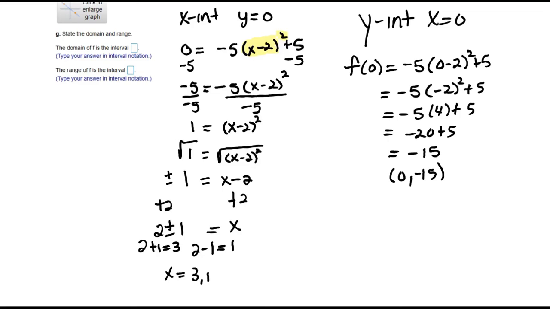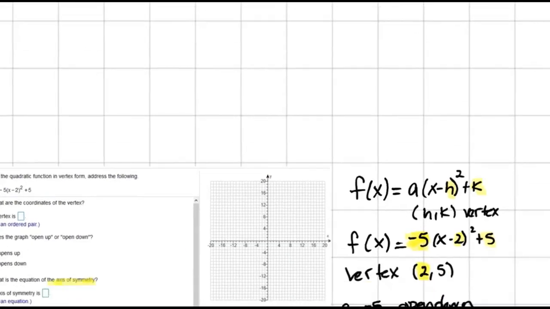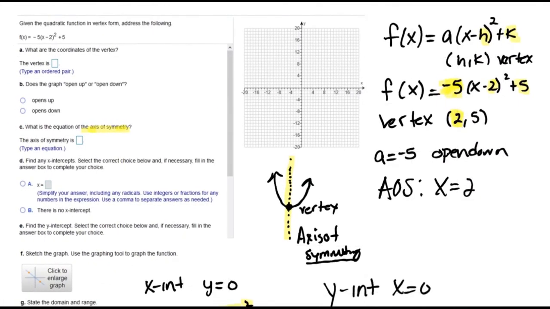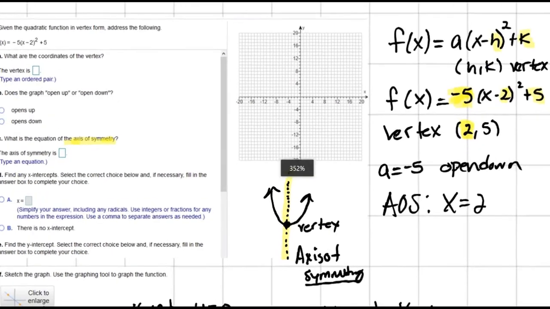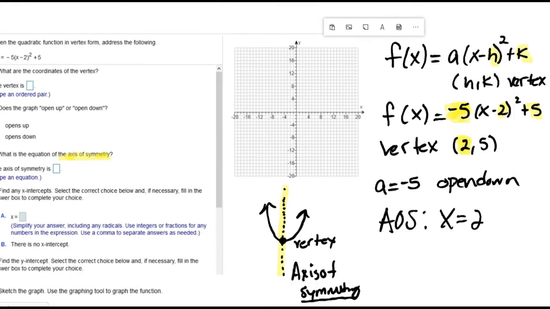And it says to sketch the graph. Let me come back up here to the graph. We found this function has a vertex at (2, 5), which would be about right here.